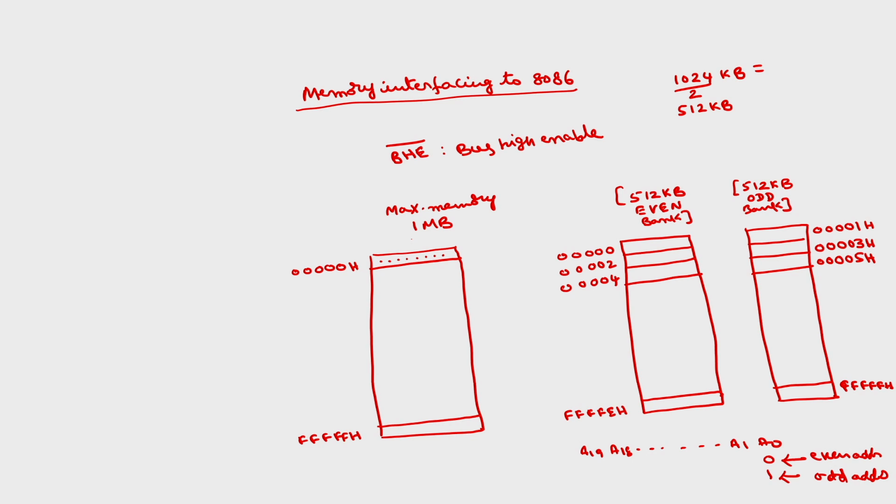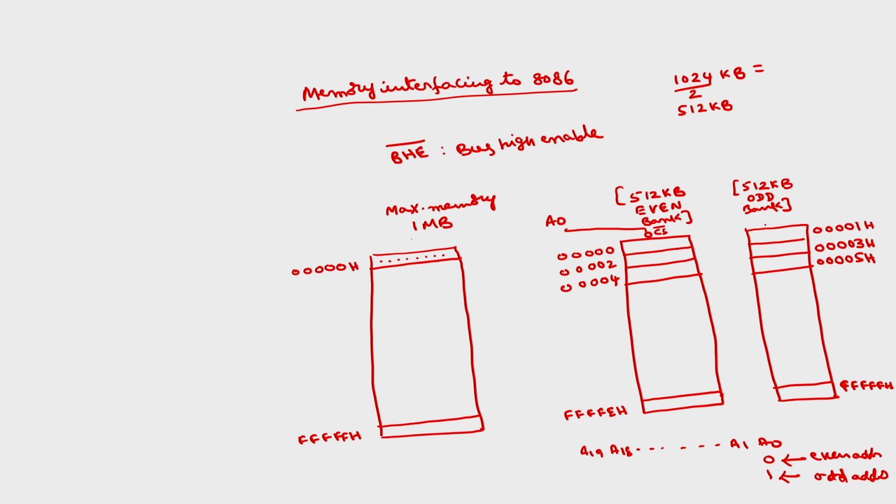So, in order to select this even bank, we are going to connect the even bank chip select bar to A0. This is the chip select bar of the even bank, because this is an active low signal. Whenever A0 is equal to 0, only then the even bank has to be selected.